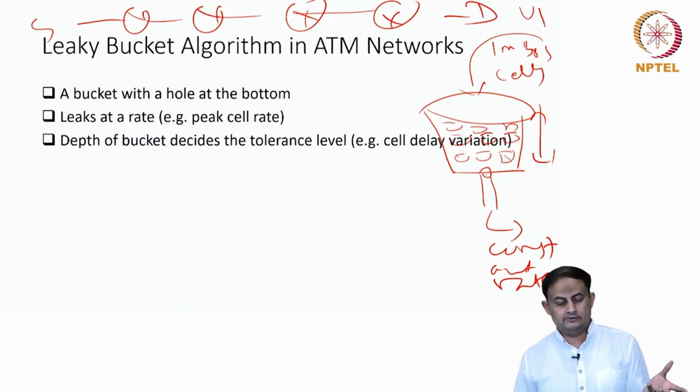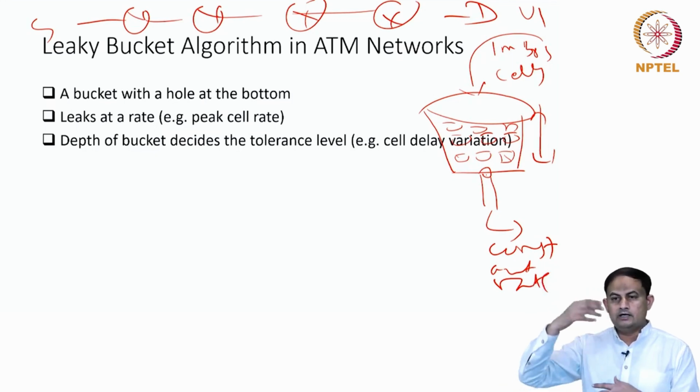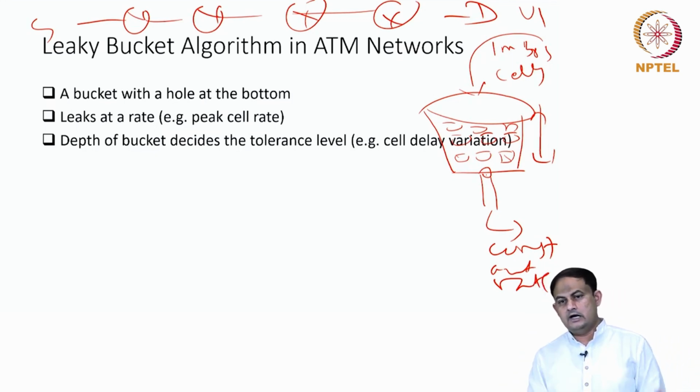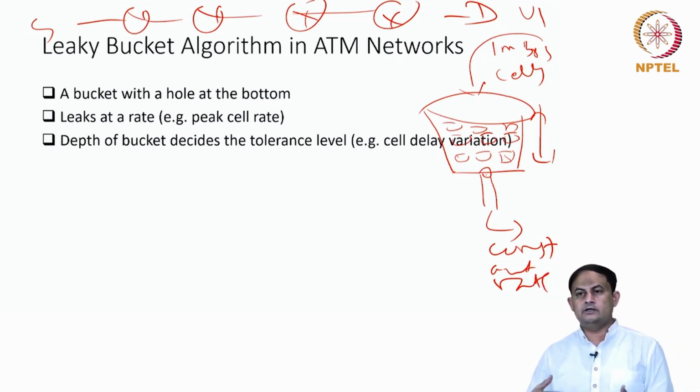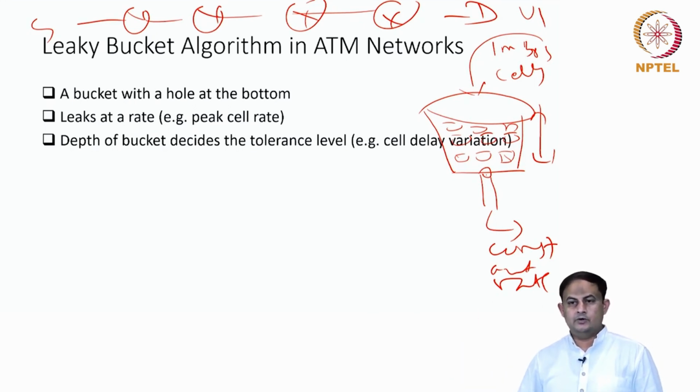So that is why it's a little counterintuitive. The larger the capacity of the bucket, the larger the time they spend, and the larger the end-to-end delay, which we may not be able to afford.